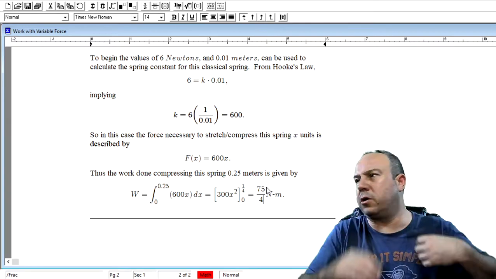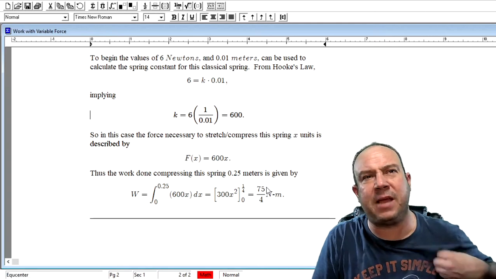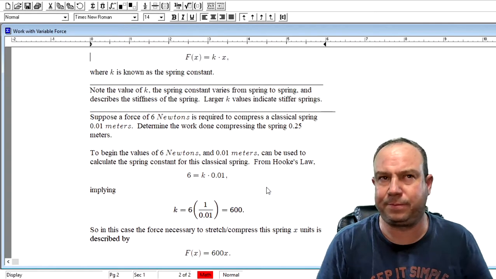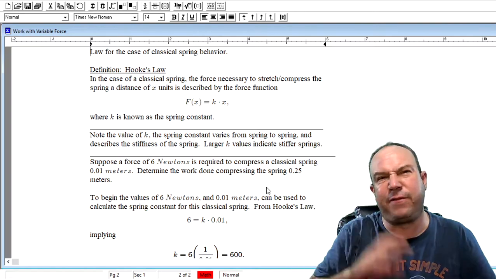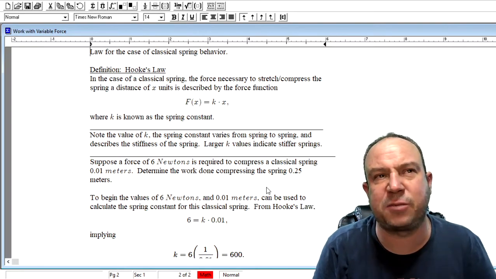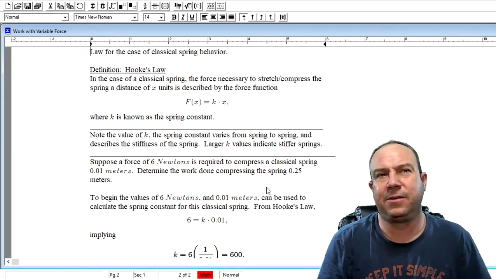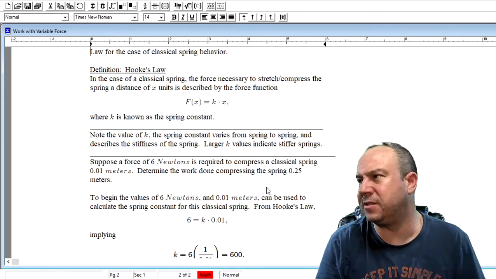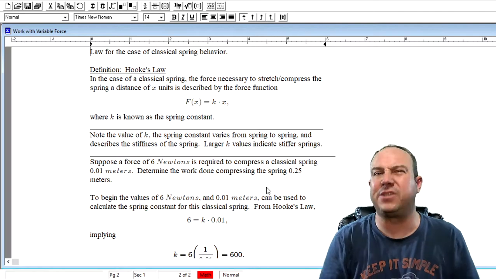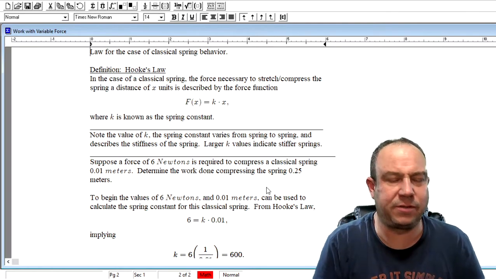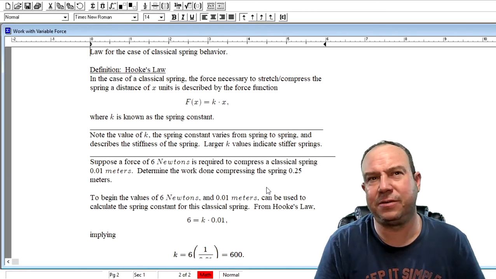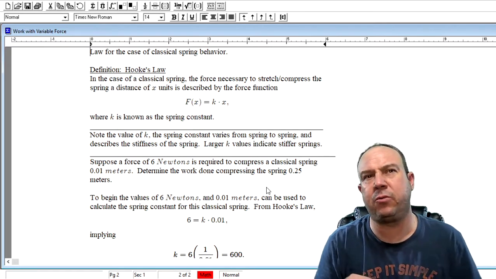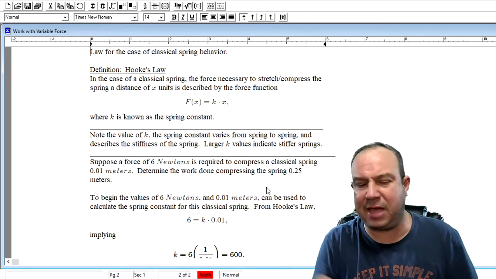So there's another work example, another work example for the case of Hooke's law, where Hooke's law is describing the force necessary to compress or stretch a classical spring a certain distance. And in classical springs, that force is a linear force. That force behaves in a linear fashion. What would be less than classical would be a spring where the force does not behave in this linear fashion.